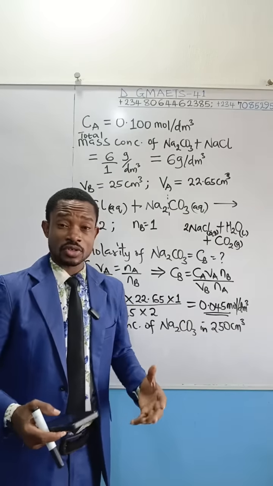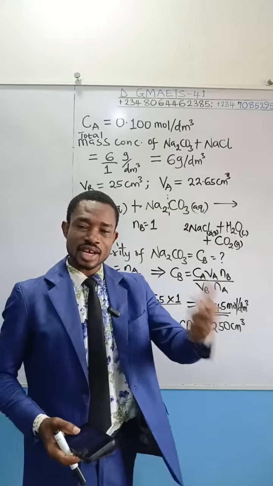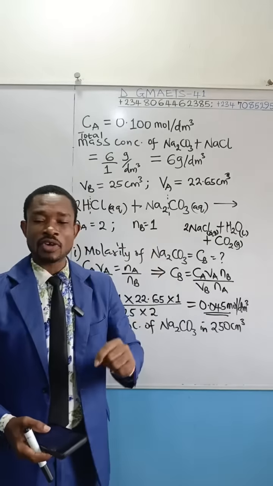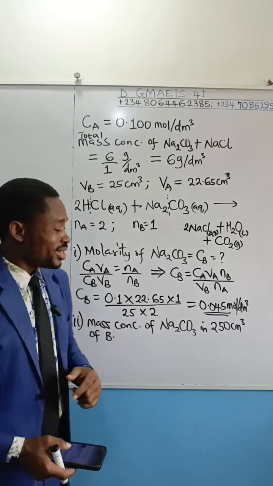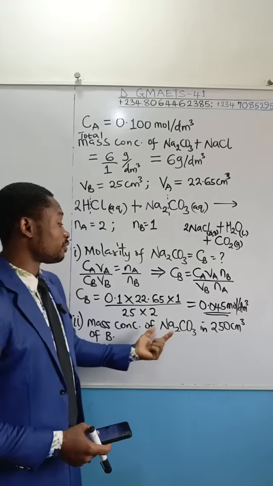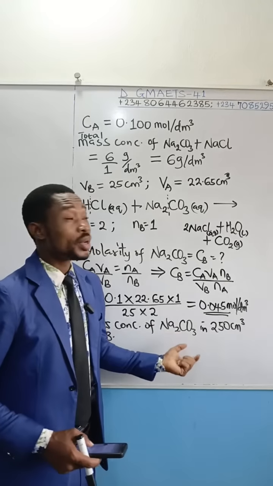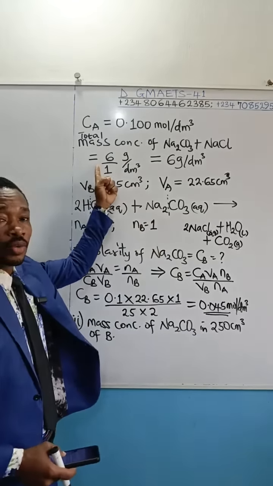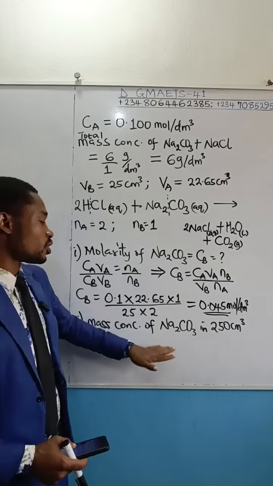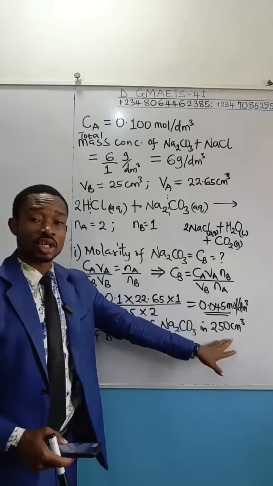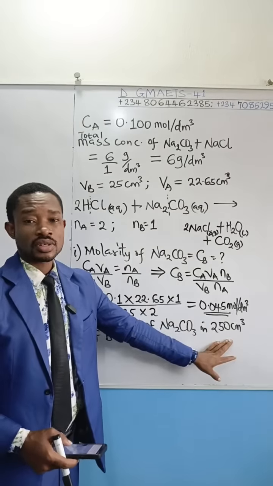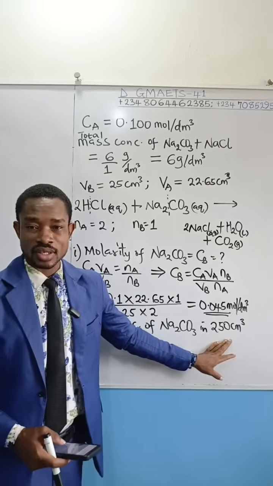It's important for a student to be able to determine which of the two formulas will solve the mass concentration. Now, if you look at this, mass concentration of sodium carbonate, we cannot use the formula of mass of sodium carbonate divided by volume of solution, say 250, times 1000.